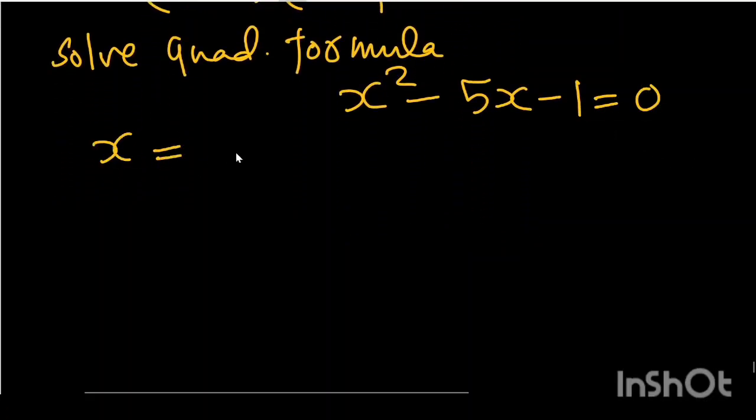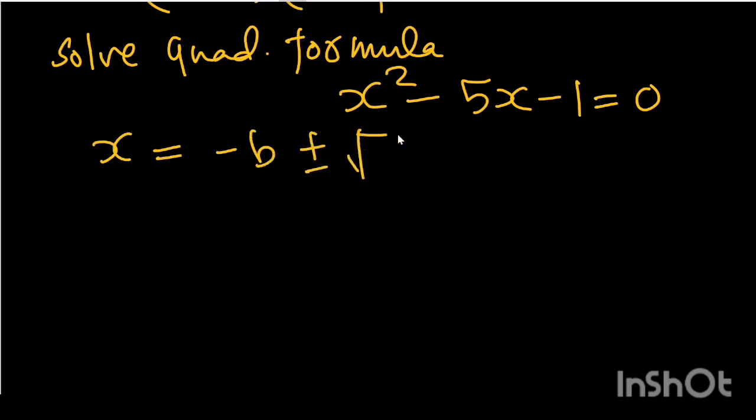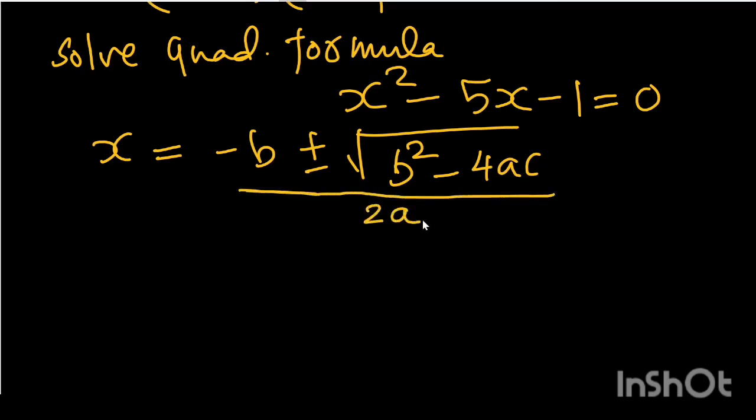The formula is again the same: minus b plus minus under root b square minus 4ac upon 2a. Here a is the coefficient of x square, b is minus 5, the coefficient of x, and the constant term is minus 1.